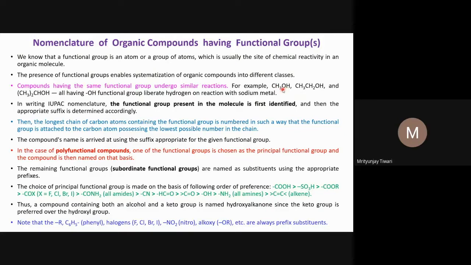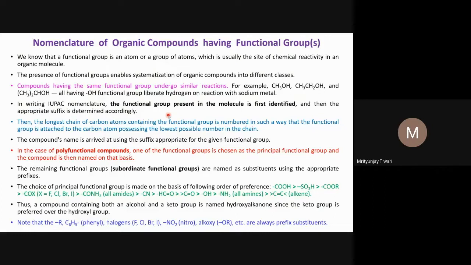If the OH group is attached to a hydrogen atom, as in water, water is a different chemical compound. So HOH: if in the water structure a hydrogen is replaced with an alkyl group, whatever the length of that alkyl group is, that compound is called alcohol. So in writing IUPAC nomenclature, we first recognize the functional group, and each functional group is given a certain suffix.